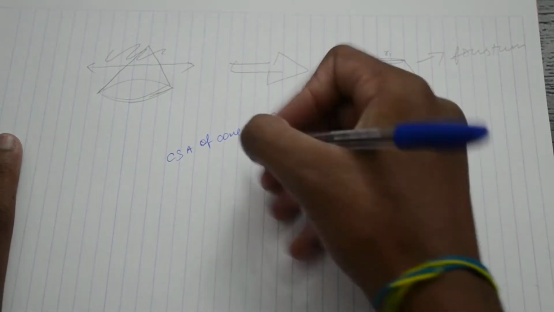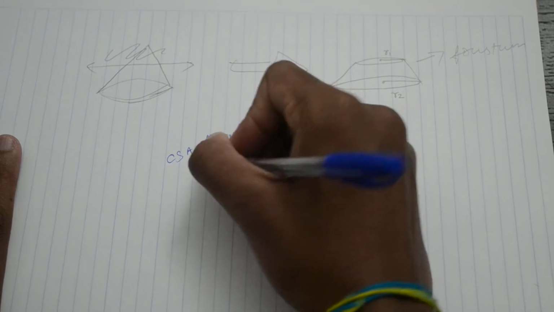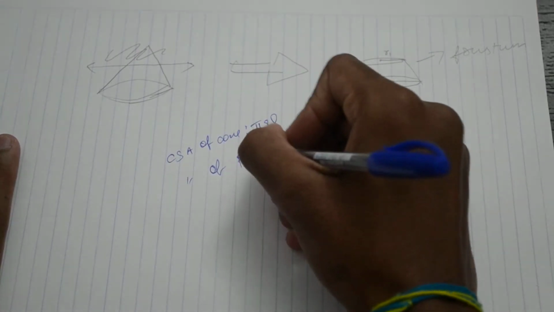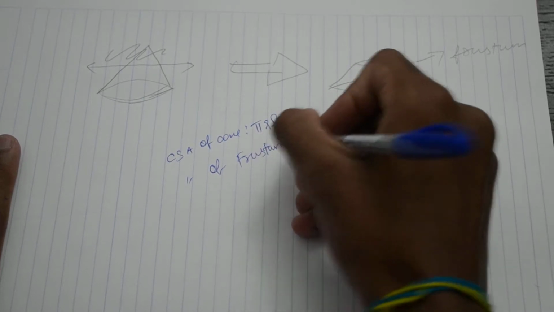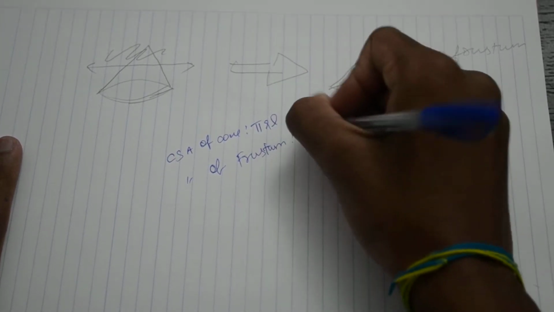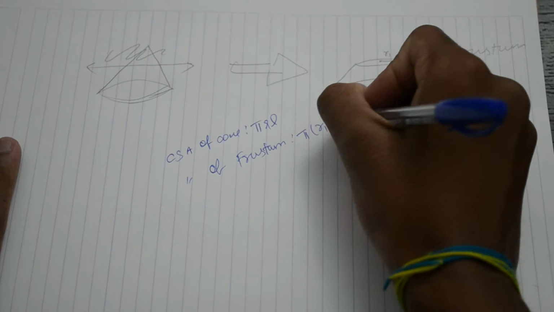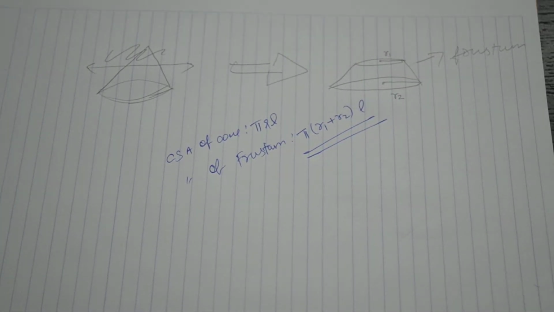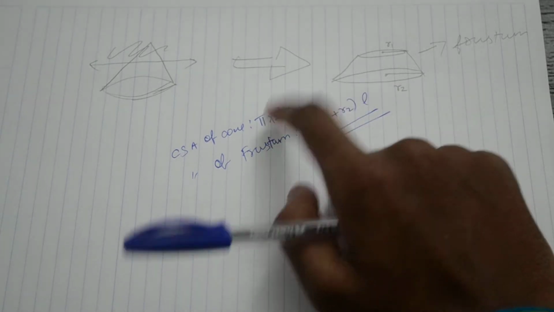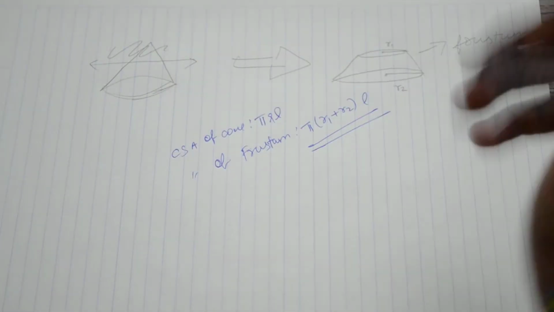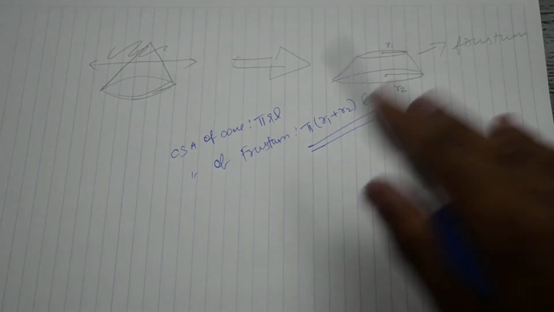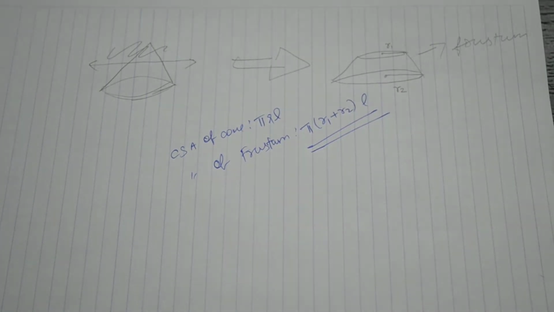So for the CSA of a frustum, wherever you see R, you write pi (R1 plus R2) L. That's it. Very easy. Pi RL is the CSA of a cone. So if you know the CSA of a cone, the CSA of a frustum is pi (R1 plus R2) L. Just wherever you see R, add both of them.